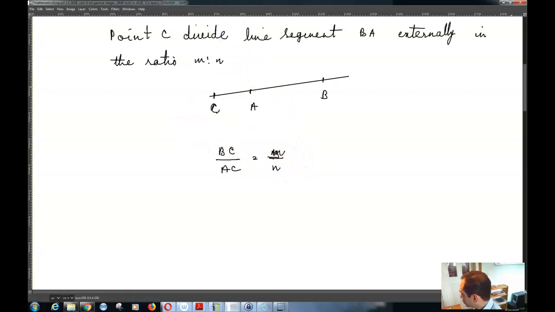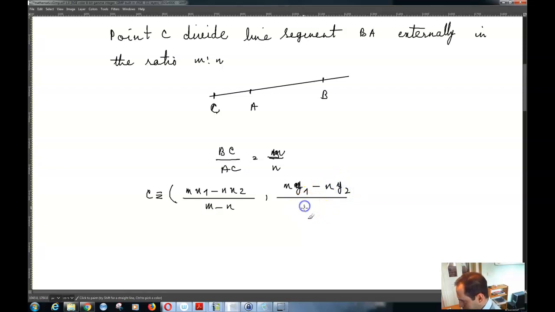And in this case, the formula that you would get for the coordinates of the point C would be mx1 minus nx2 over m plus n, and over here you would get my1 minus ny2 over m plus n.